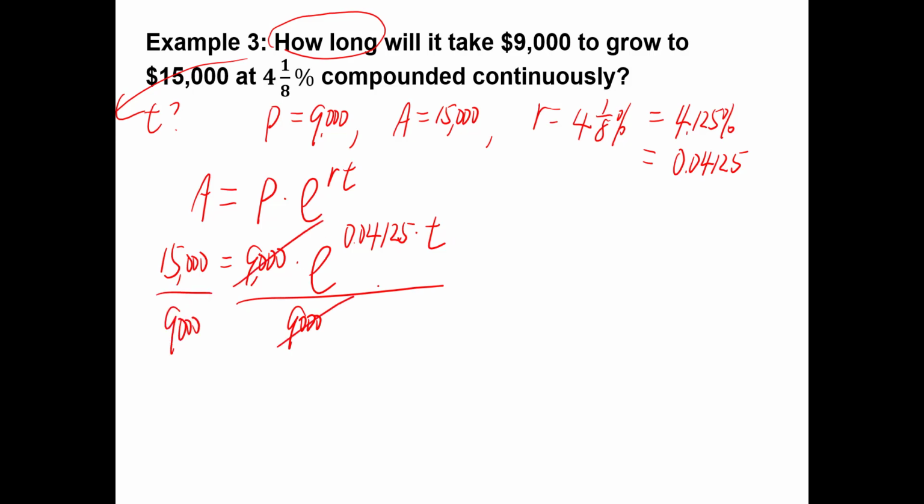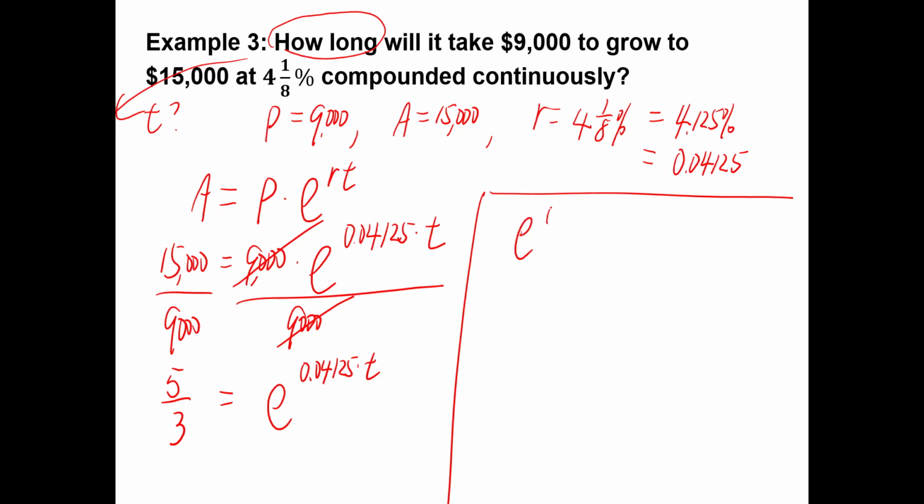And we simplify, drop the zeros in the back. 15 and 9 both reduce by 3, so we end up with 5 over 3 equal to e to the 0.04125 t. Let's reverse the order here: e to the 0.04125 t equals 5 over 3.